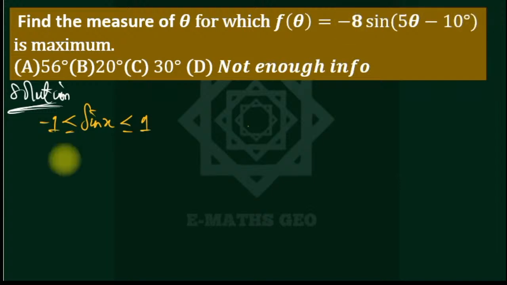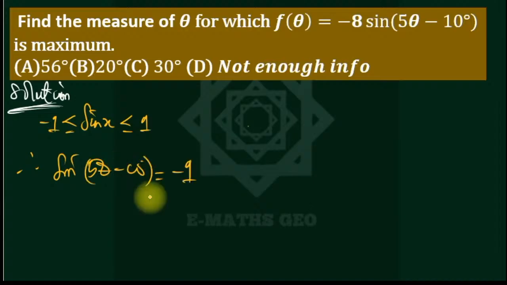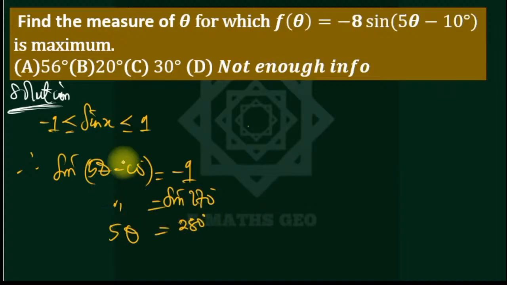Therefore sine(5θ - 10°) should be equal to -1, which is sine 270°. From here, 5θ will be 280 degrees, making it the subject of the formula. Therefore θ is 56. So that's the answer, option A.